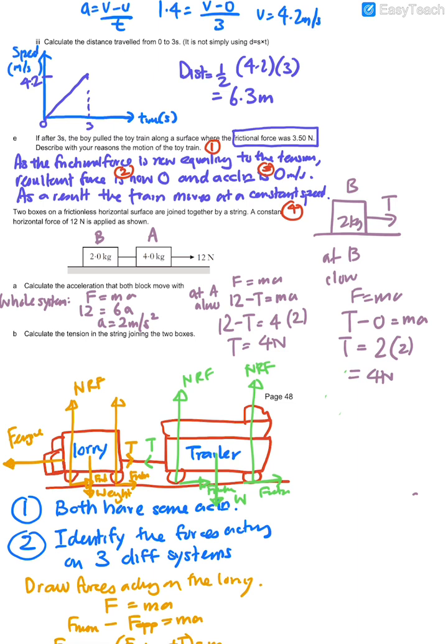The trick for this kind of question is to identify which system to look at: whole system, A alone, or B alone, and then solve from there. For part B, you can do A alone or B alone and get the same answer.